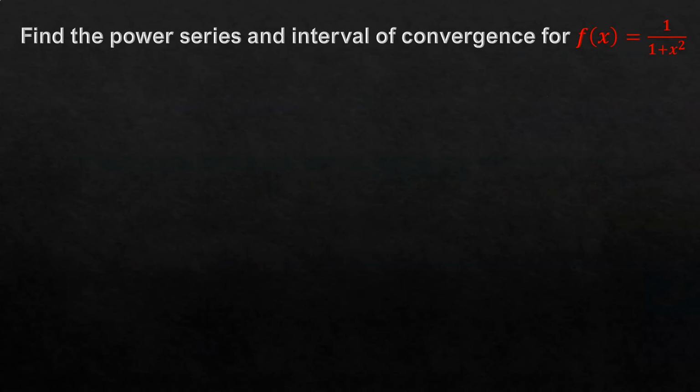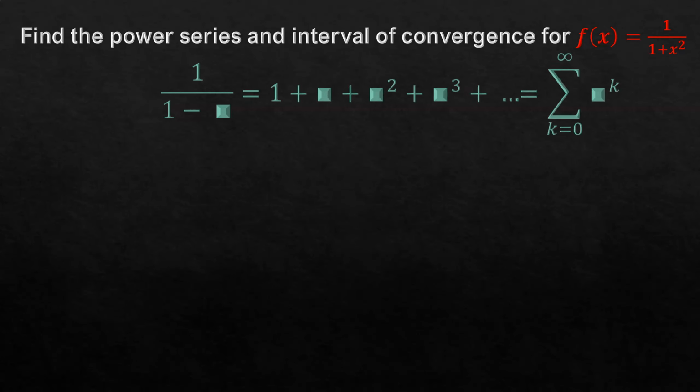Now, suppose you were asked to find the power series representation for 1 over 1 plus x squared. Well, our geometric series said that if the absolute value of blank is less than 1, it is going to converge to the function 1 over 1 minus blank. Well, how do we change our function to look like that form, right?